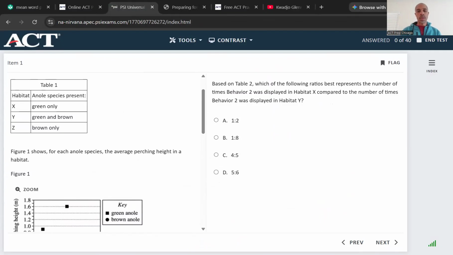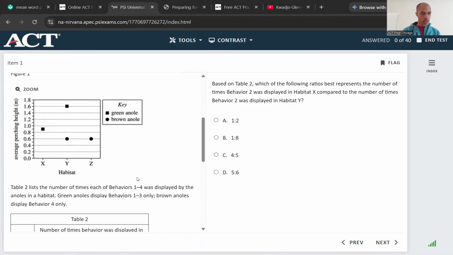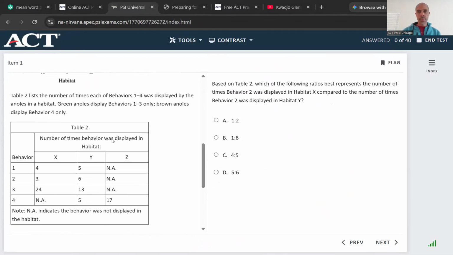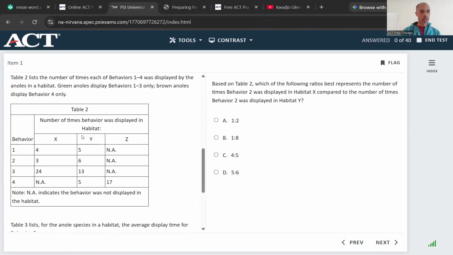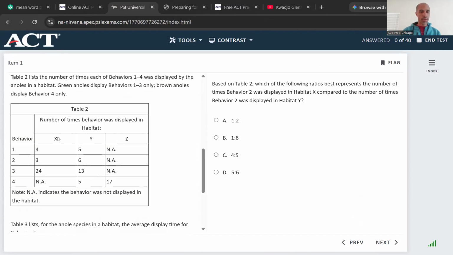Okay, so it says based on table two. I do a lot of bits and pieces, so let's find table two first. Table two is here. Which of the following ratios best represents the number of times behavior two is displayed in habitat X, which is three, compared to the number of times behavior two is displayed in habitat Y. That would be 3 to 6, which would be 1 to 2.